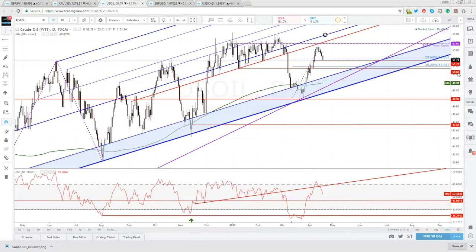I've got 50.69, which is support here in January. That would make sense that it will at least pause there. Yeah, we're going down. I would say watch 50.69. That's a level to watch.